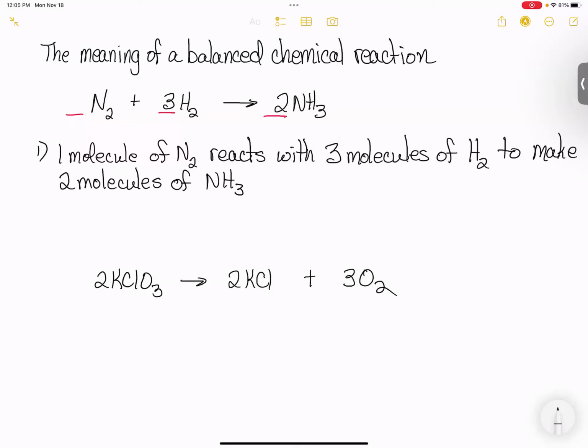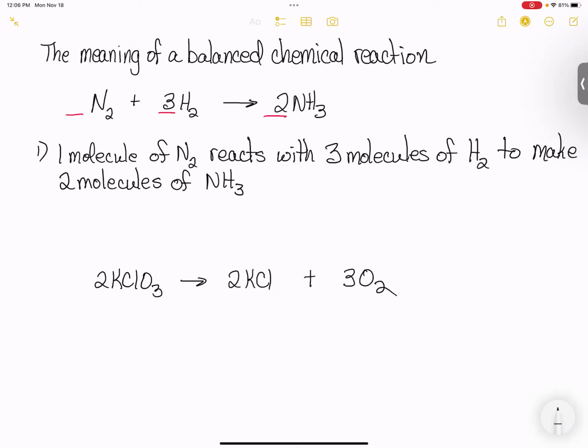The problem with that particular variation of the meaning of this balanced chemical equation is that this meaning would indicate that we're able to manipulate one molecule at a time. However, molecules are so small that it is impossible to manipulate one molecule at a time. So this definition, while valid, is not the most useful.